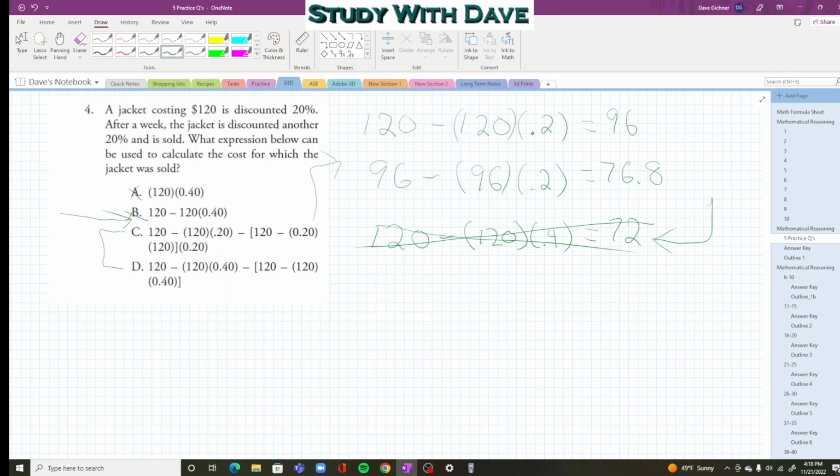So if we break it down a little bit, what we have is 96 is equal to this big expression here. So if we plug that in, instead of using this 96 right here, we actually put this whole expression in there, and we get 120 minus 120 times 0.2, which is 96, minus, and we're going to plug it into 96 again here.